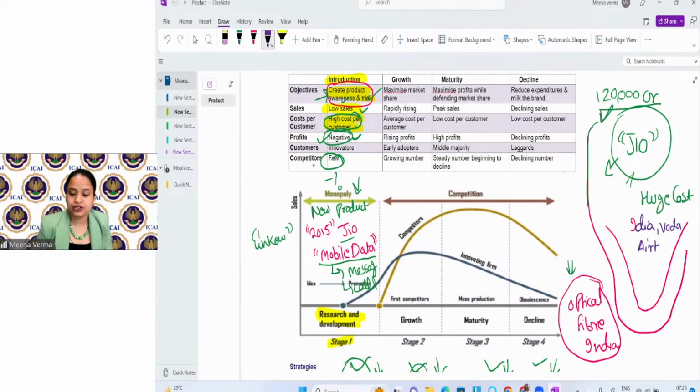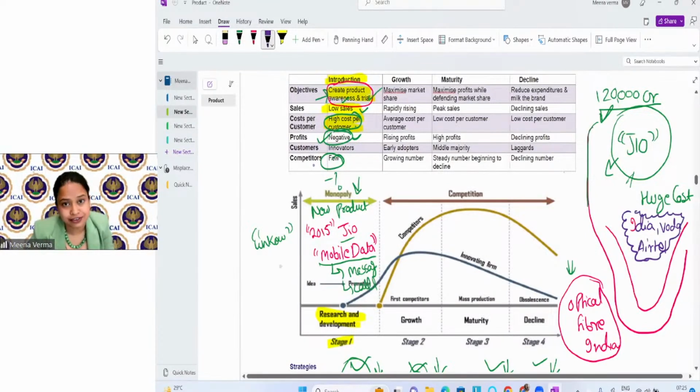When Jio introduced the mobile data plan through optical fiber in 2015, these companies did not have such optical fiber.